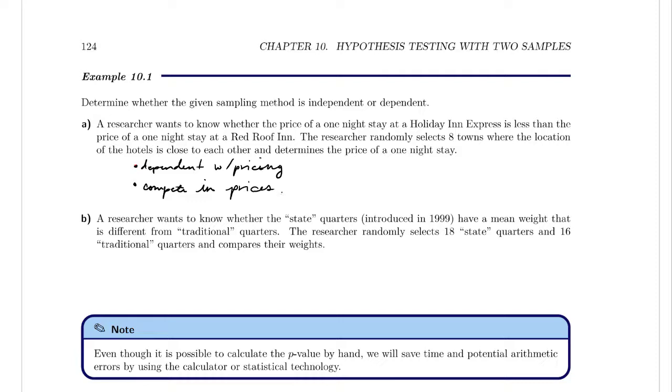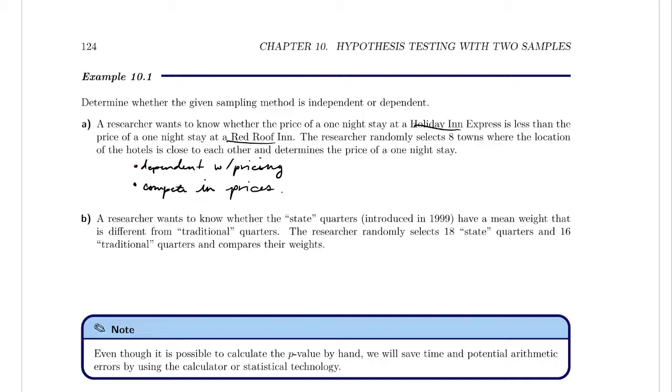Unlike our previous example with the hotels, those samples were dependent because if a Holiday Inn is $99, does that mean the hotel next to it will also be comparable in price? Probably. So unlike the traditional quarter, if I had a traditional quarter next to a state quarter, would those be the same?